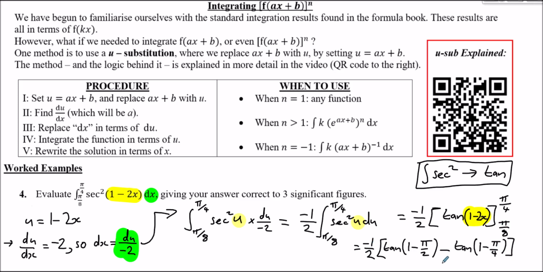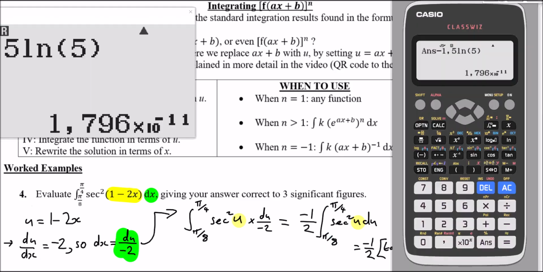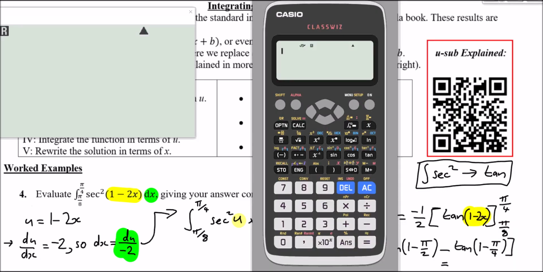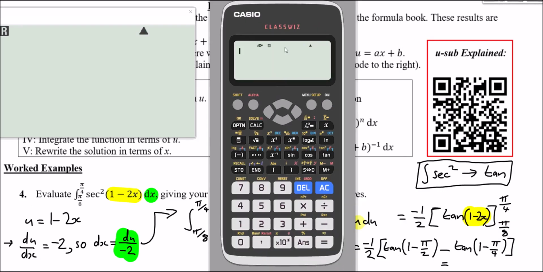So it's just a case of actually evaluating that using a calculating device. The street name is often called a calculator, or a calc if you want to be super cool. So, yes, let's just fill this in, and then I'm going to show you how you can use your calculator to check. So, we do minus a half, brackets, make sure you're in radians, of course.